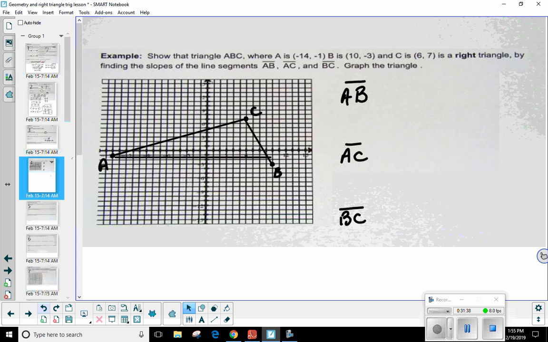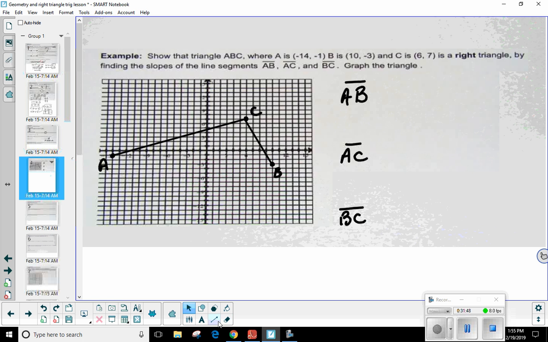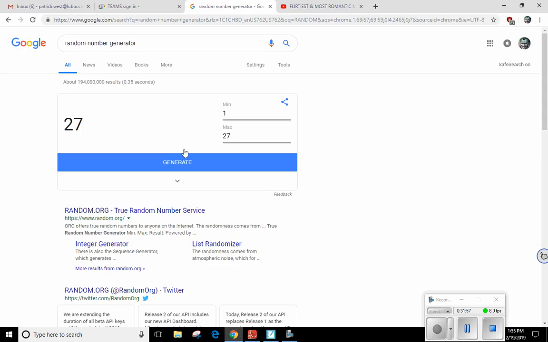So I'm not seeing any hands, so I'm coming on over to the random number generator. I wonder if I tried this maybe with the mouse, if it would let me do that. Let me try that one more time. Hey, it actually worked. There we go. Good. Okay. All right, so let's see here.